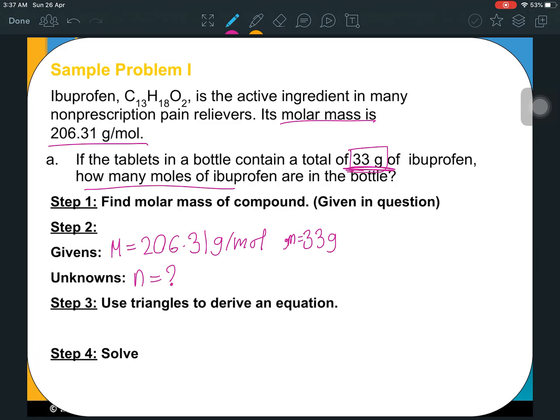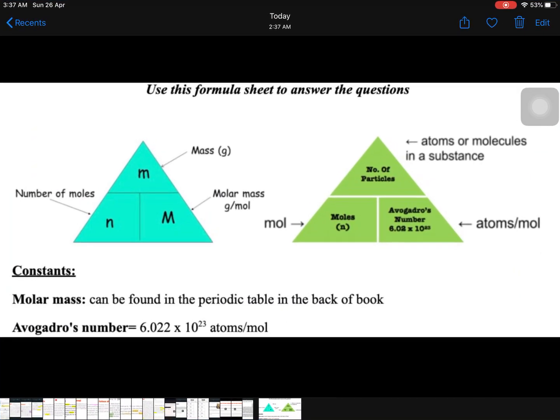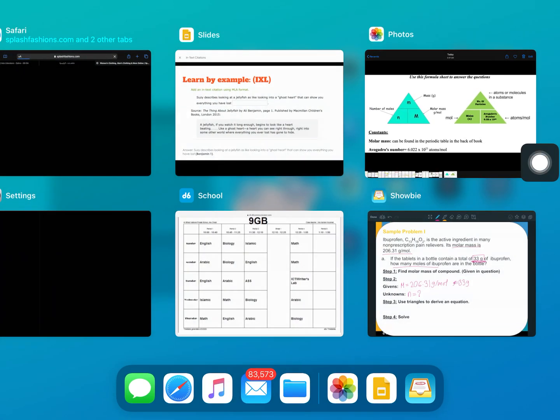So now let's try to figure out which triangle we're going to be using. I can see that I have my mass, I have my molar mass, and I'm looking for moles, so I'm obviously going to use this. There's no mention of particles or anything else.